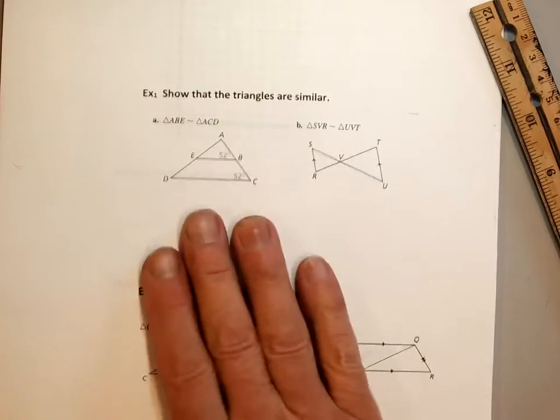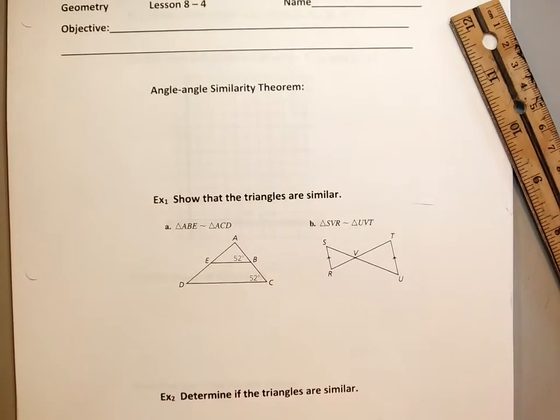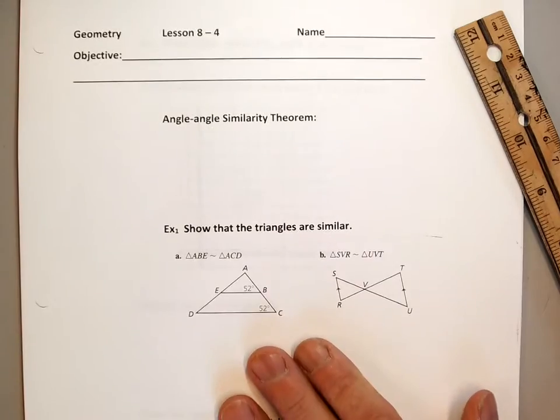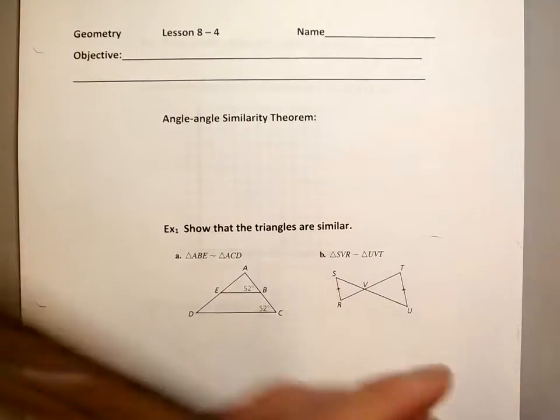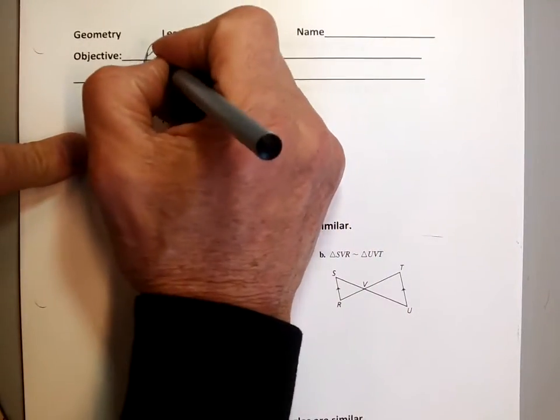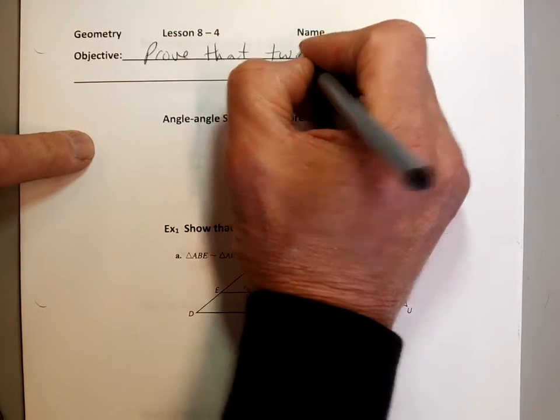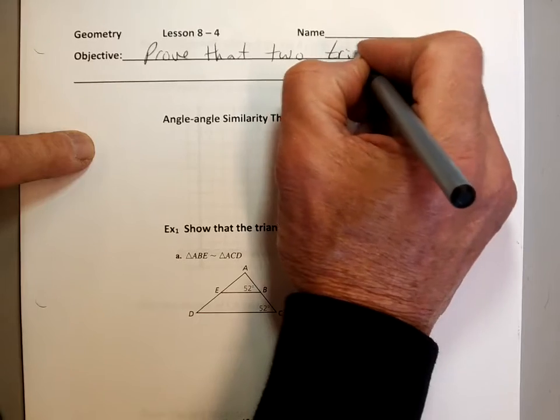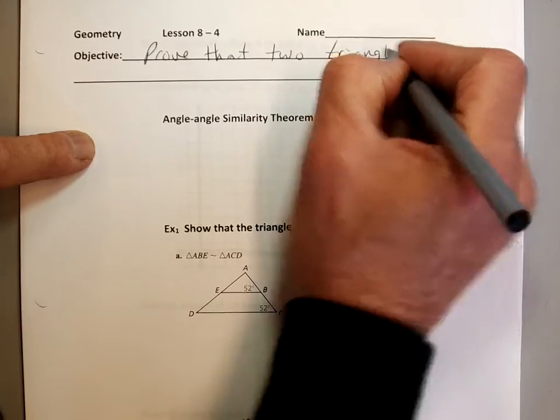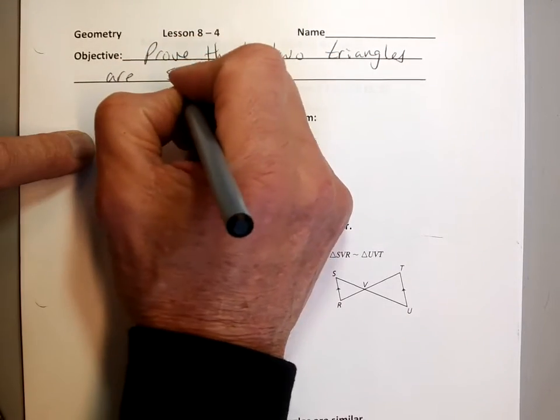So, angle similarity theorem. Today's objective is to prove that two triangles are similar.